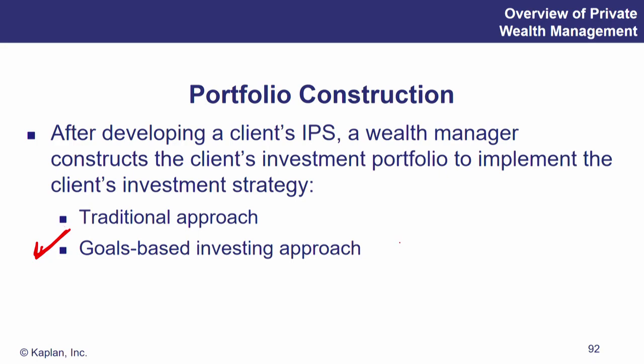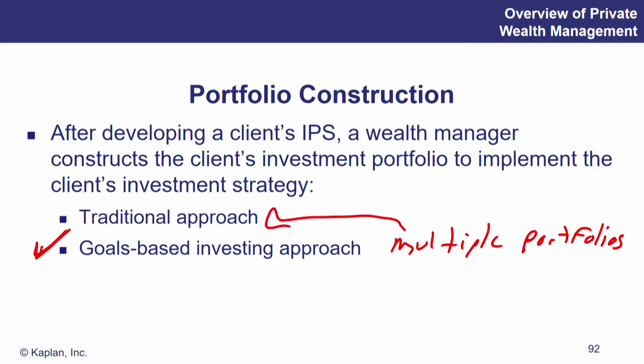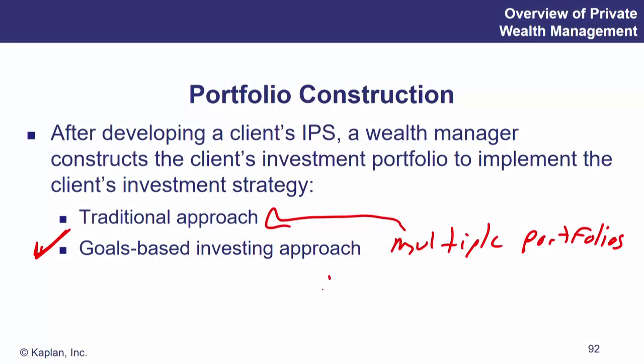Well, this means a client is going to have multiple portfolios. Now, if you aggregate all these portfolios together, will they be as efficient as the mean variance optimization approach, or the traditional approach? It's highly unlikely.